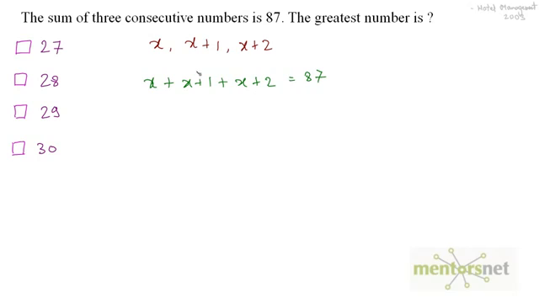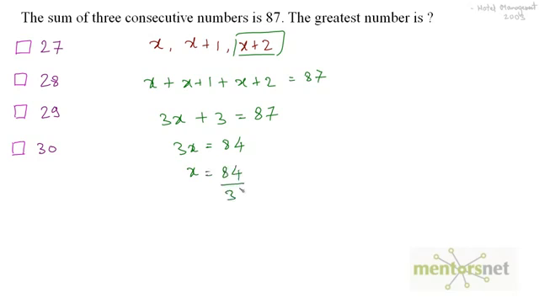So we can solve this for x, get the value of x, and then get the value of the greatest number, which is x plus 2. So 3x plus 1 plus 2, which is 3, is equal to 87. 3x is equal to 87 minus 3, which is 84. So x is equal to 84 by 3.